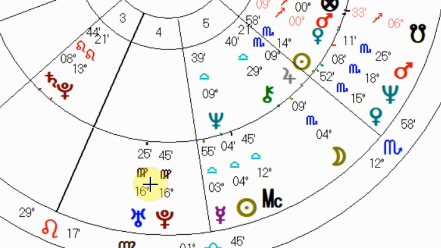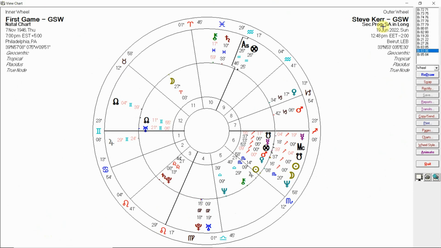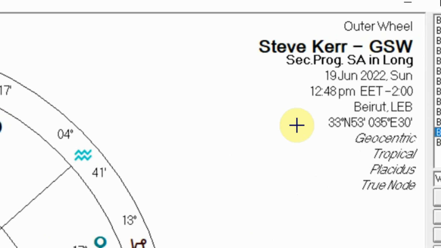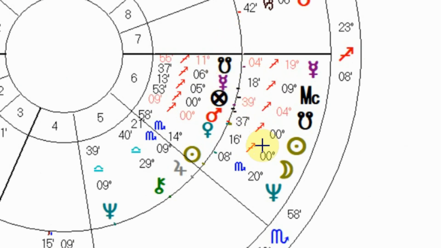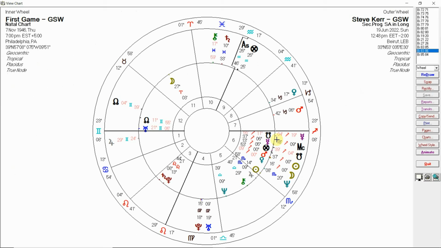His Pluto and Uranus are also sextile that, but that's a very strong link. If we look at Steve Kerr's chart progressed, you can see that his Sun has moved around here to 0 Sagittarius. It's conjunct the Mars for the first game for Golden State for a year or two, and Mars is a co-ruler of the Scorpio Sun, so that's another link.